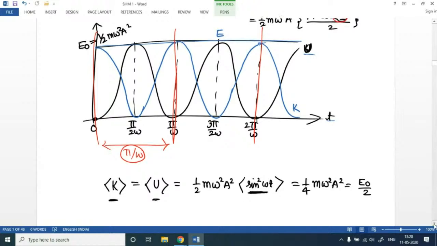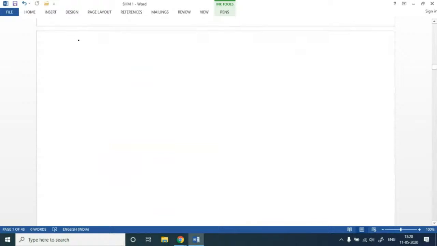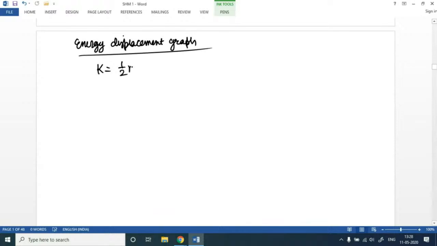So now let's also very quickly look into the energy displacement graph. Okay, so for the energy displacement graph, we had the equation for kinetic energy as half m omega square into A square minus x square, and the potential energy was nothing but half m omega square x square.